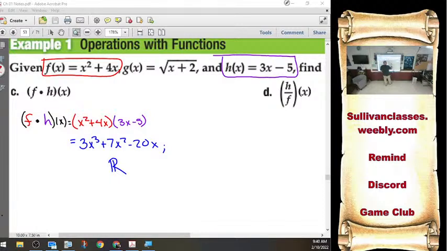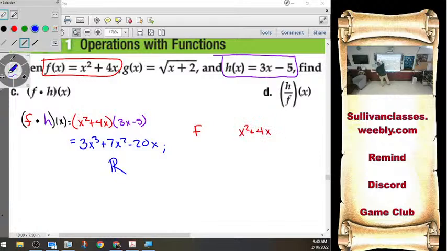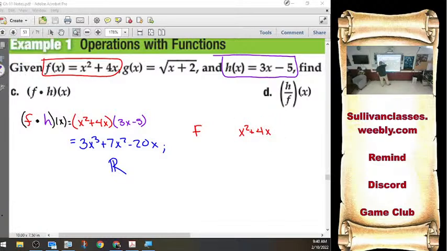So if I say h over f, here's f, x squared plus 4x, here's h, 3x minus 5.